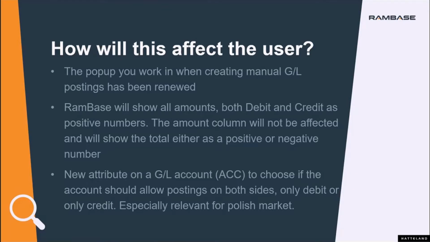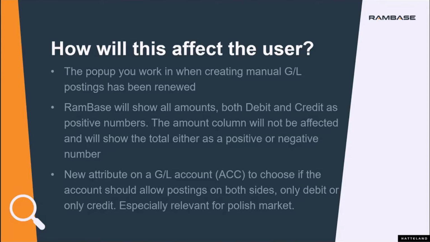So this will be a change from now on. Please note that it will be possible to post a negative number on both debit and credit side, as this is normal in some countries when doing corrections, instead of posting on the opposite side.